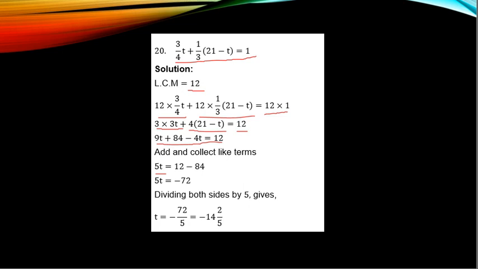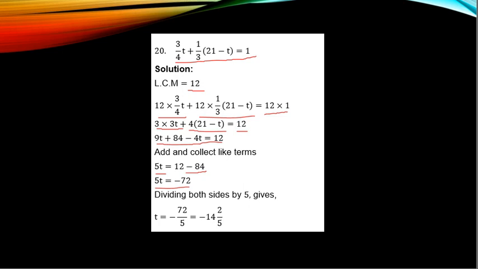Then we collect like terms, so you move plus 84 to join 12, it becomes minus 84. So 5t is equal to 12 minus 84. You are having 12 and you are owing 84. When you pay, you are still owing, so that is minus 72.